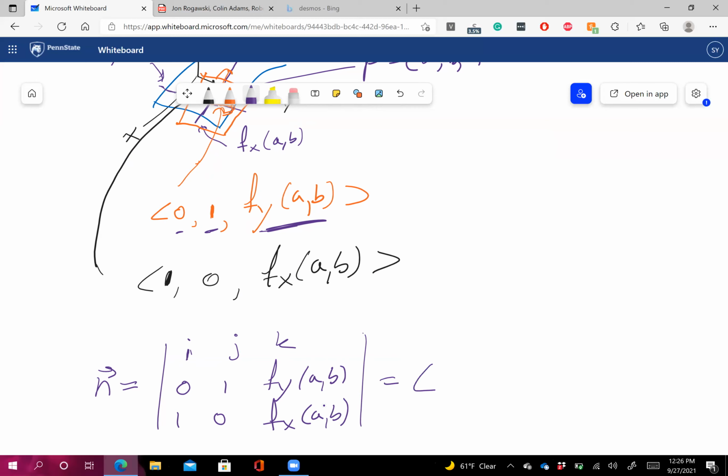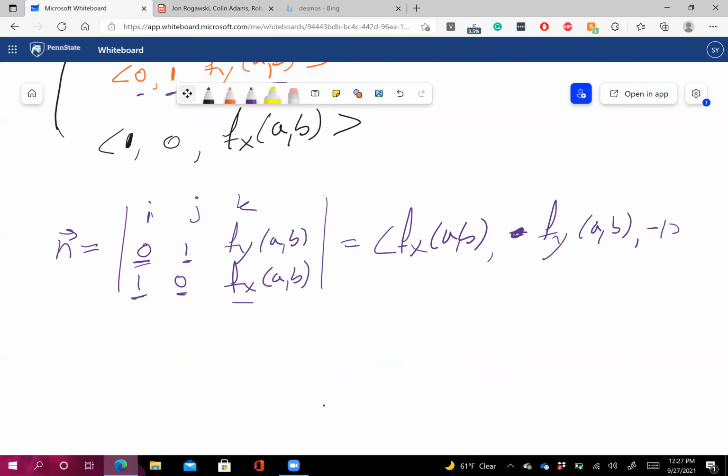In our i component, we are going to have 1 times f_x, minus 0, so f_x(a, b). In our j component, we're going to have negative, and then 0 times f_x, which is 0, minus 1 times f_y. So this negative disappears, and we get f_y(a, b). And in our z component, we are just going to have 0 times 0 minus 1 times 1, so it's going to be negative 1.